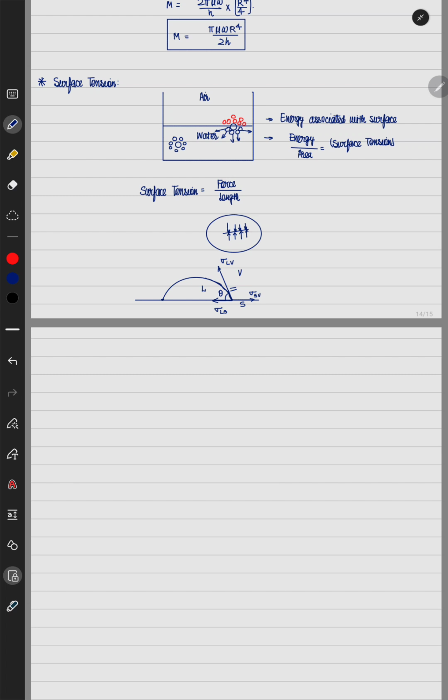So if I want to balance the surface tension force, what I can say is sigma SV is equal to sigma LV cos theta plus sigma LS. So from here cos theta comes out to be equal to sigma SV minus sigma LS divided by sigma LV. This is the equation which is called Young's equation.